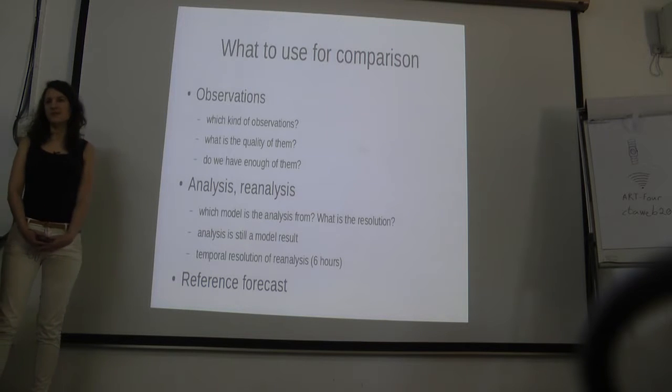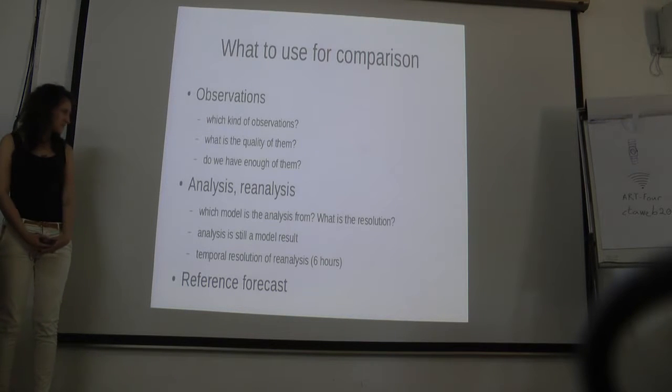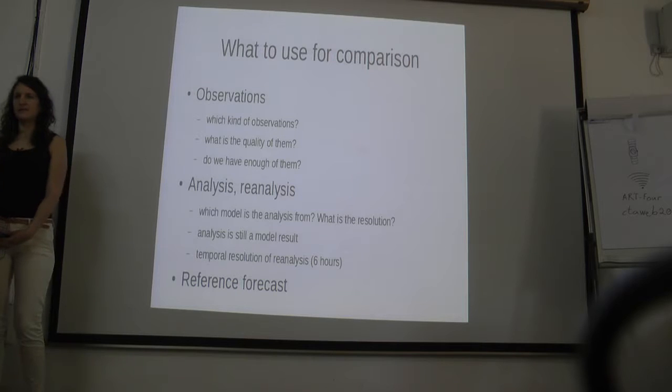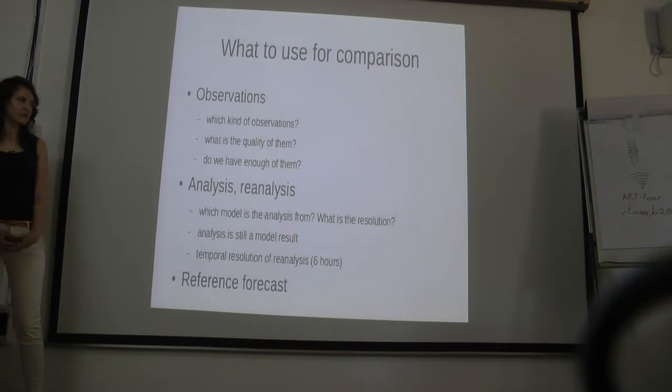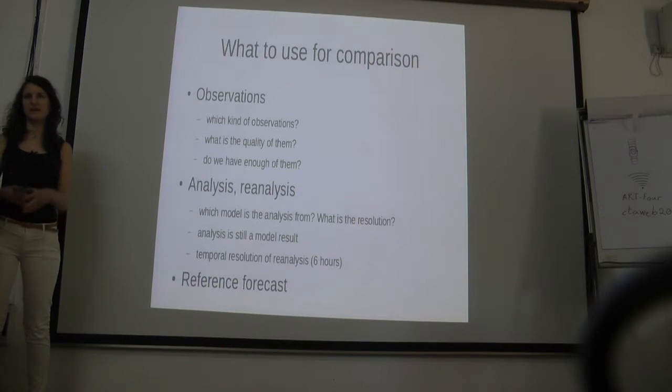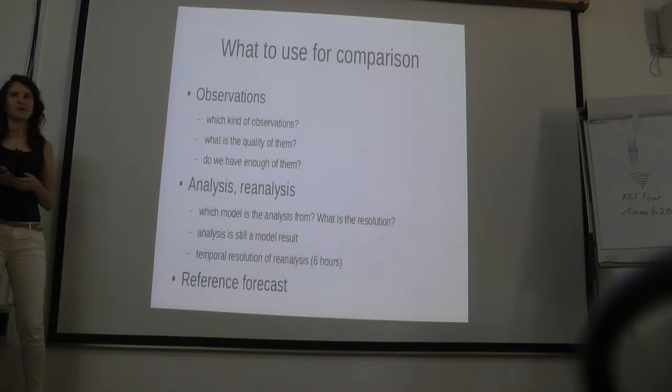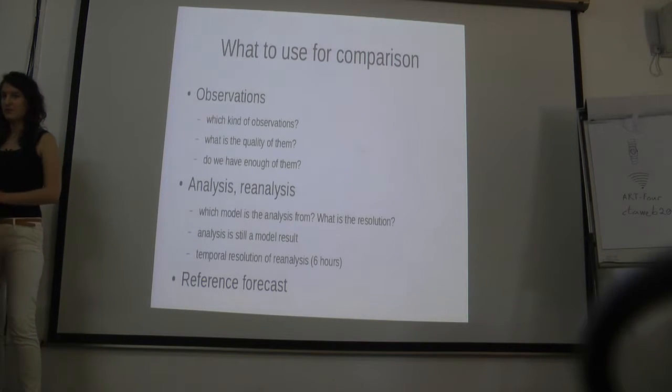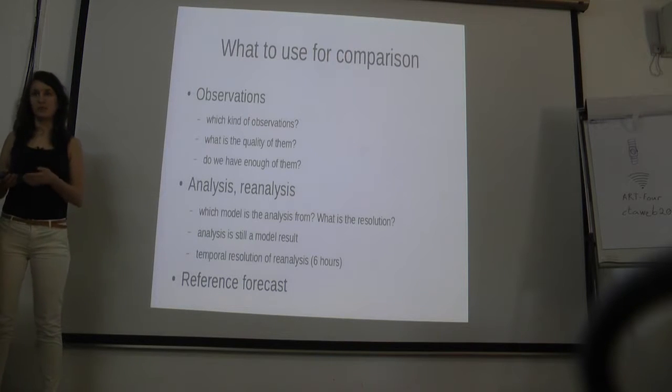As alternative, we can use some model products such as analysis or reanalysis. There you are also working on an area of a grid, but this brings different problems, such as that when your analysis is coming from the same model as your forecast, then some of the events can be the same just because it's the same model.